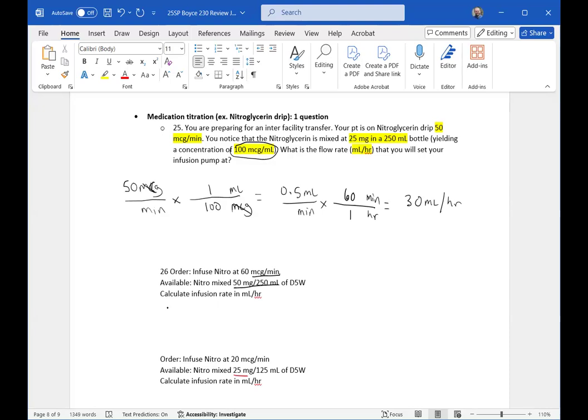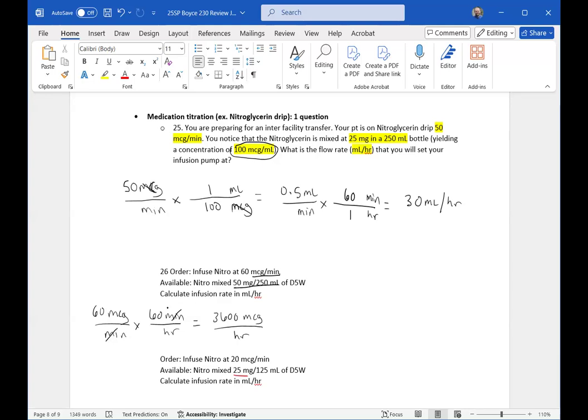So I'm going to take my 60 micrograms per minute and multiply by my 60 minutes per hour. So minutes are gone. I'm now in micrograms per hour. I'm going to be at 3,600 micrograms per hour.